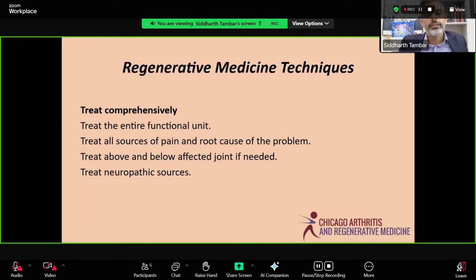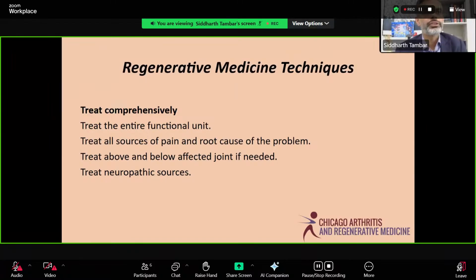If needed, let's say you have instability or problems above or below the joint that's most problematic, they should consider treating that as well. Classically, let's say you have knee arthritis pain and you have a little bit of lower back pain. Well, it may be worthwhile to address the lower back at the same time because that could be contributing to the instability and pain in the leg as well. And then in that same vein, treat the neuropathic causes.